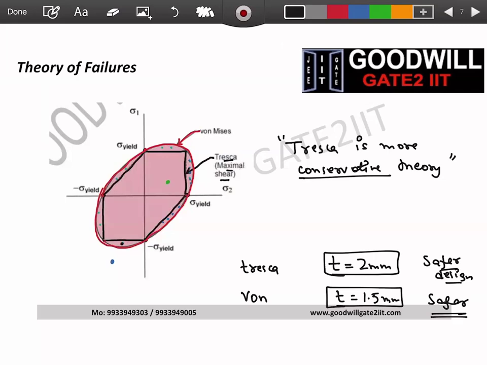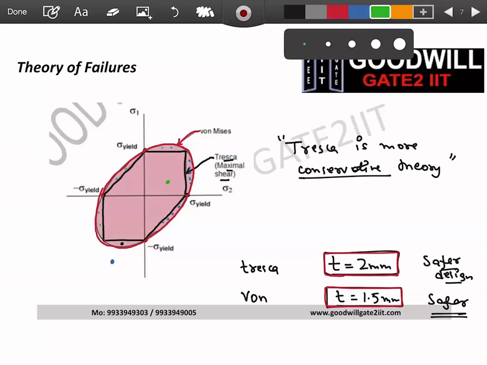You know, when you have less thickness, you will have more stresses. When you have high thickness, you will have less stresses. That's what Tresca is restricting you to, lesser stresses.